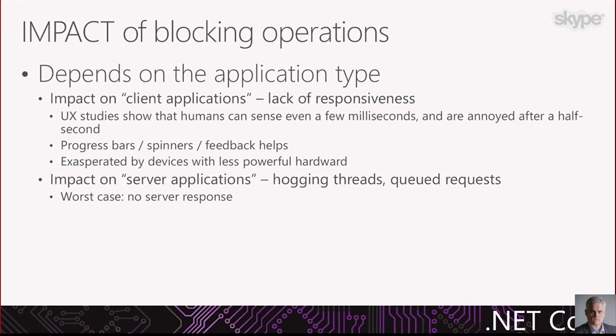But blocking operations can also have a dramatic impact on server-style applications. If you're creating, for example, an ASP.NET application, a network request comes in over a given server port. Ultimately, that request is routed to a server. Let's talk in terms of web servers, but this could be true of really any kind of server, like if you have SQL Server out in Azure, for example.